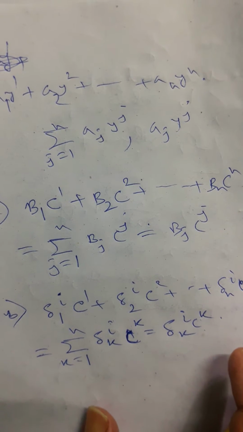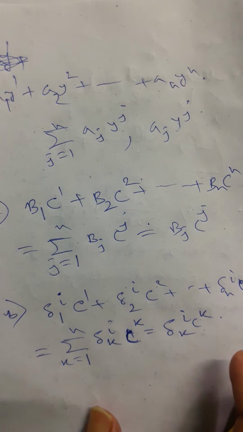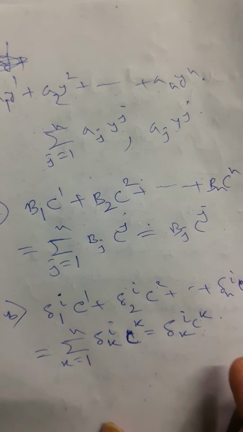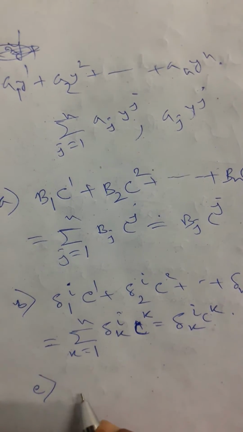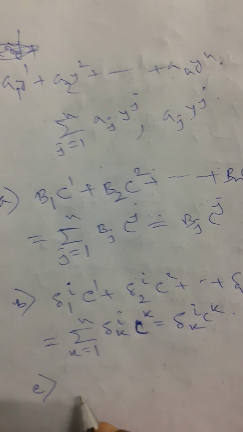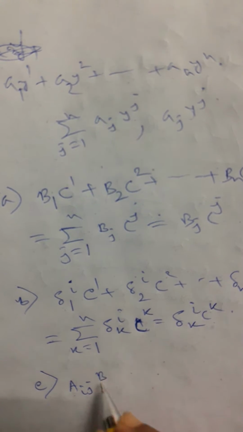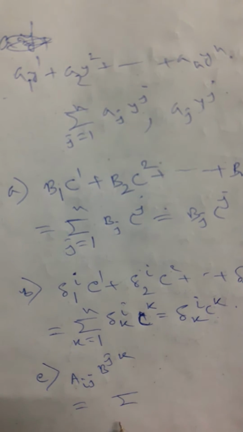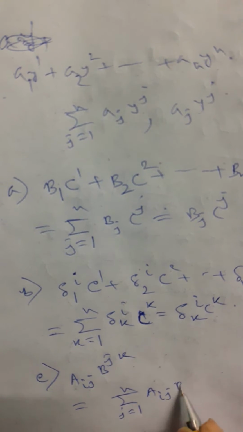Similarly, here we used the summation notation and convention for an expansion. Now if we do the reverse, that means expanding the following summation convention. Consider aij bjk, the sum for j equals 1 up to n of aij bjk.